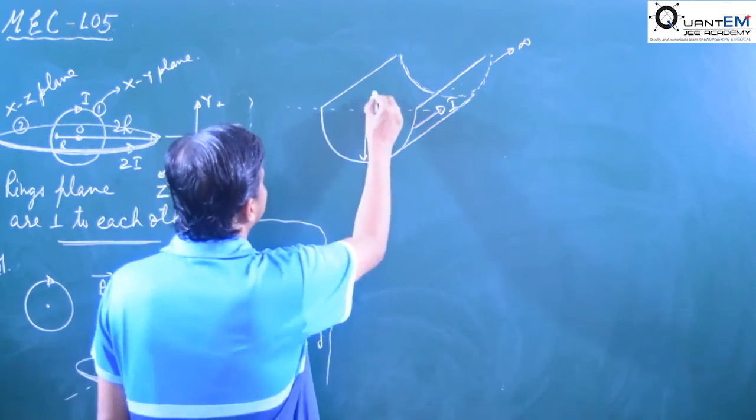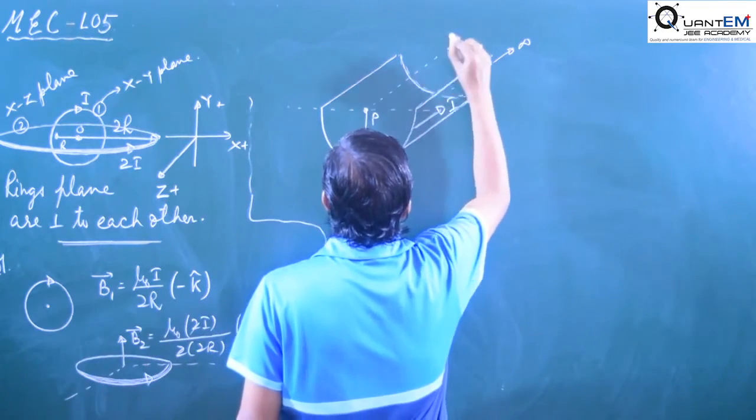You have to get magnetic field intensity at P. This one is the central axis.